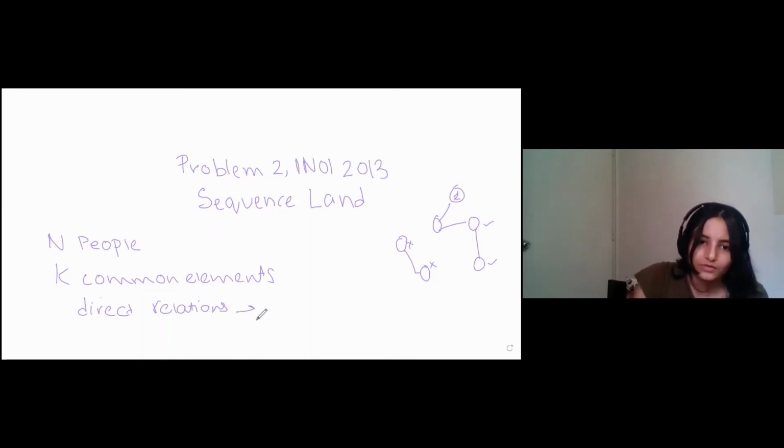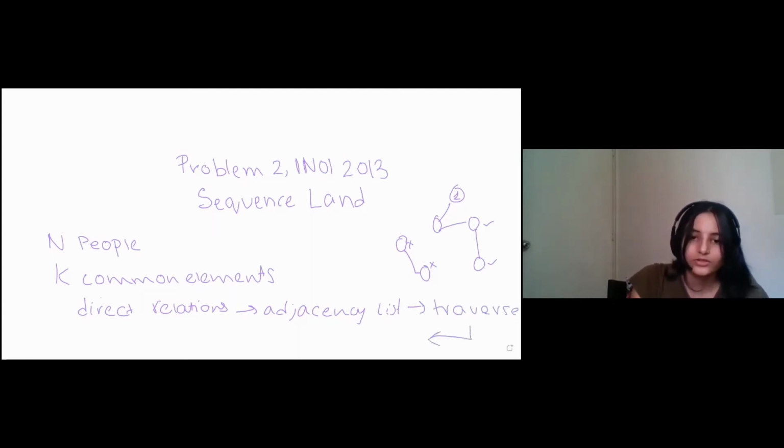Second, we use the relations to build our adjacency list. Third, we traverse the graph that's connected to the precedent, and while doing so, we also count the number of nodes in the connected component.